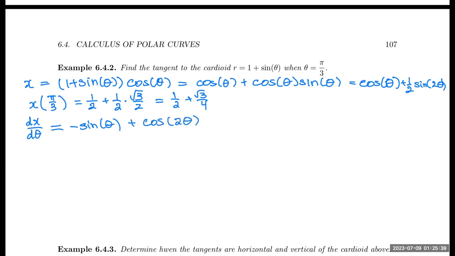And so if we substitute theta being pi over 3, dx d theta is negative sine pi over 3 plus cos of 2 pi divided by 3.